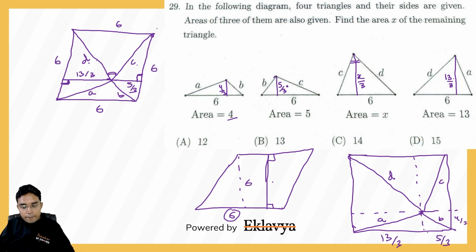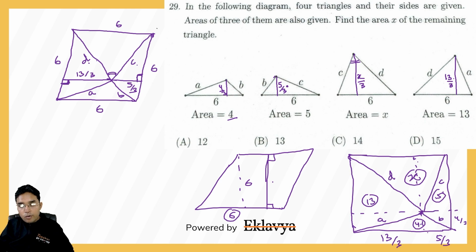I think it is very easy to say that because this is a square, and area of this is 4 here, area of this triangle is 13 here, this is 5 here, and the sum of the areas of these two remaining triangles, in which 4 is here and x is here, should be the same, because height also will be same for these two triangles.